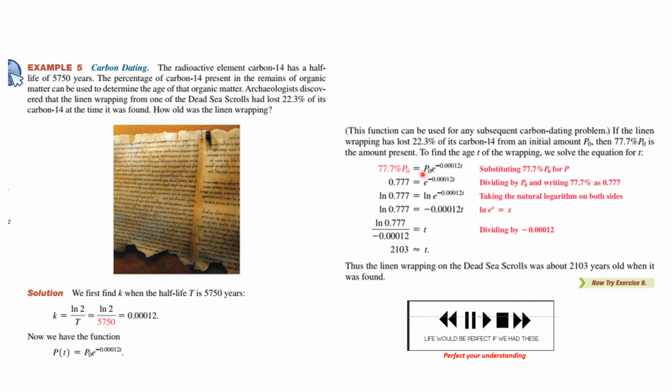So we divide both sides by P0, it cancels out. We take logarithms of both sides. We divide by the coefficient of t, and we get that these Dead Sea Scrolls were over 2,000 years old. You can perfect your understanding by trying this suggested exercise.